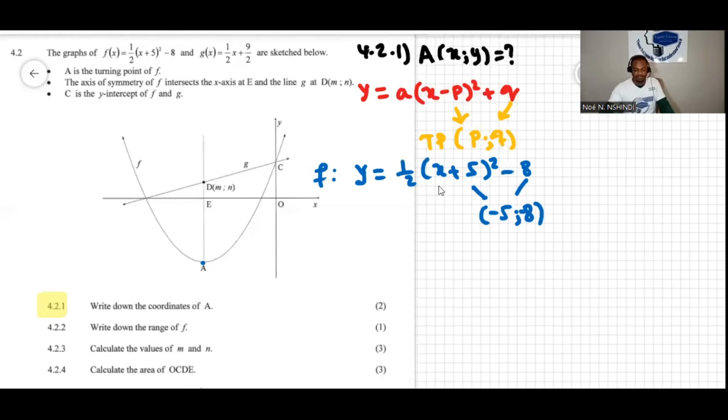You may say it's +5 here, but if you look at the formula, you have minus. So plus here means -5. So the x coordinate of the turning point is -5. So A is (-5, -8).